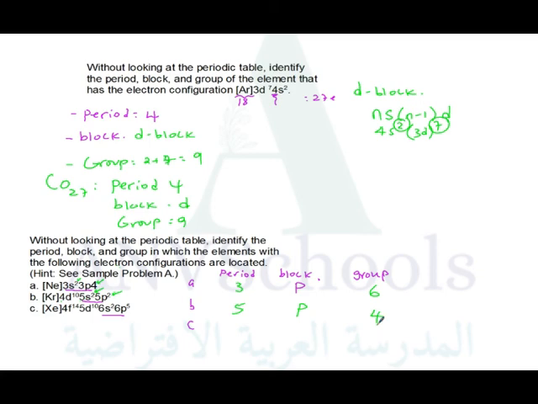And when you come to the last one, you end up with 6s and 6p. The outermost shell is 6, so it directly indicates the period. The block is still p, since the last 5 electrons are in the p.